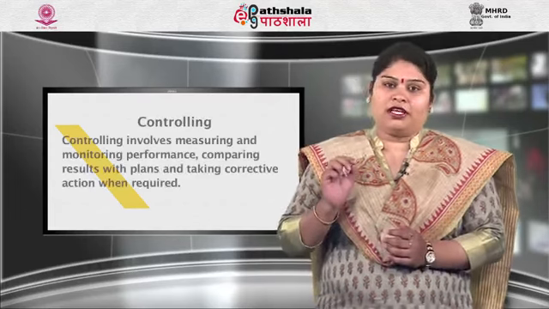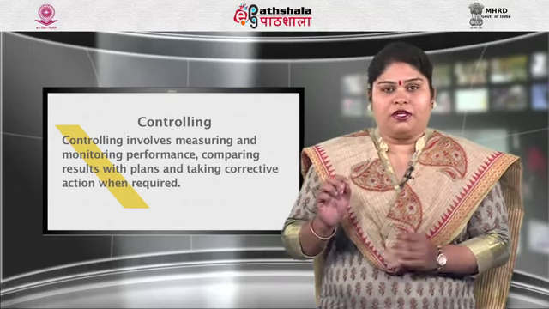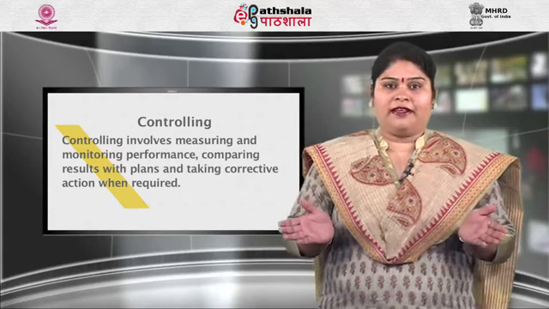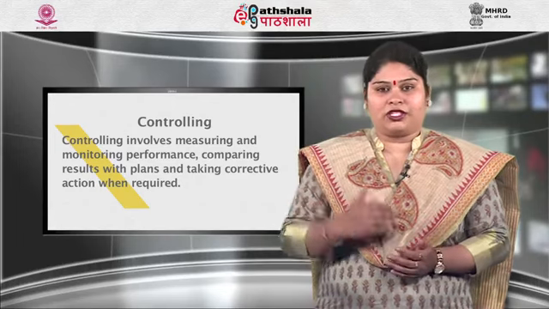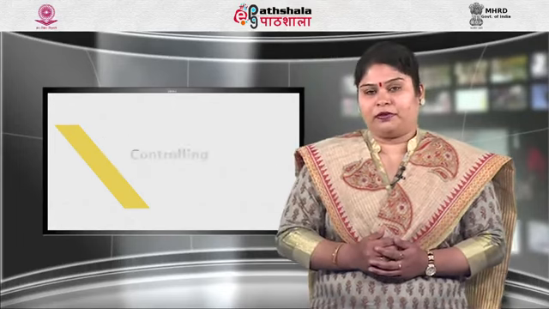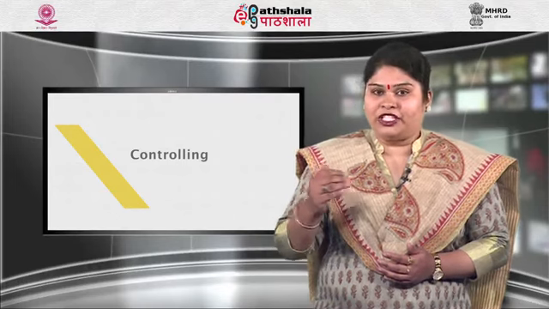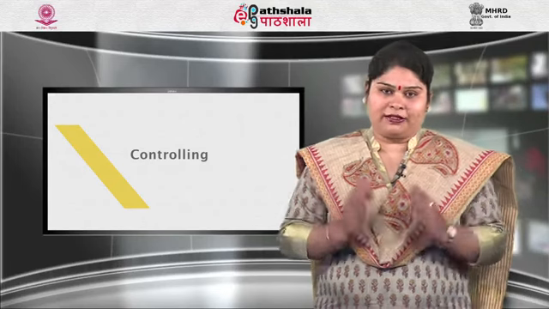Last but not the least, controlling. Controlling involves measuring and monitoring performance, comparing results with plans and taking corrective action when required. It indicates how far the goals have been achieved and to what extent there is deviation from the plans.